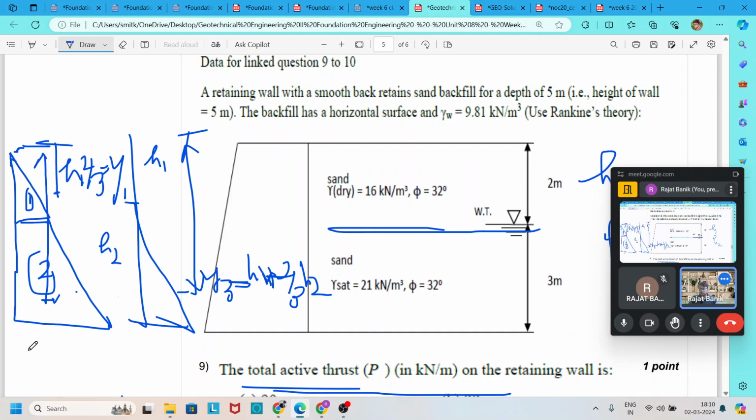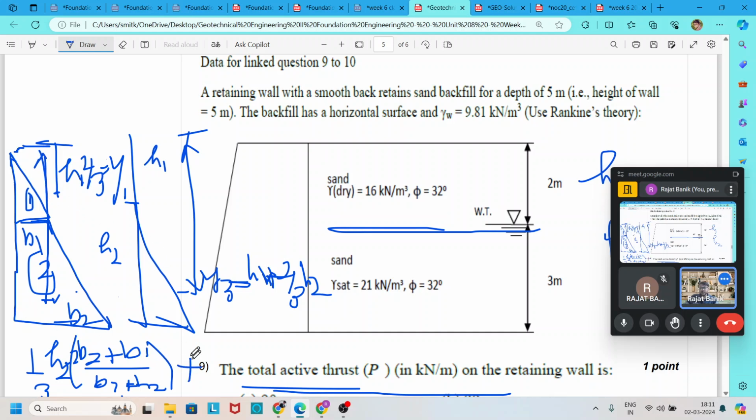For this area, that is area 2, the distance from the top, from the CG, is first found from the CG of this trapezoid, which is equal to h2 divided by 3 into (2b2 plus b1) divided by (b1 plus b2), if you call this b2 and this b1, plus this distance h1.